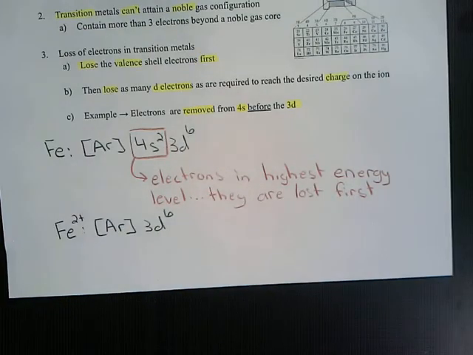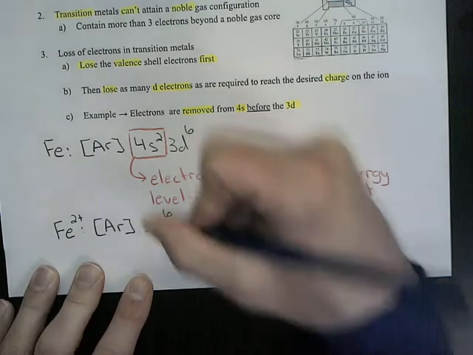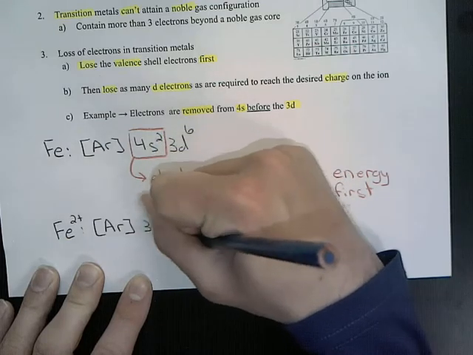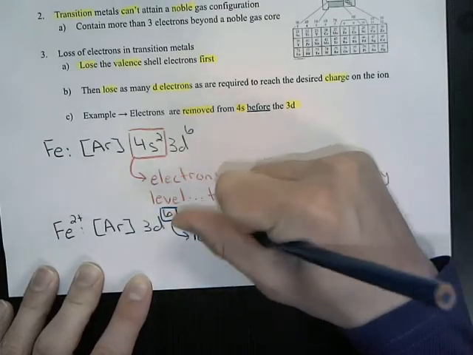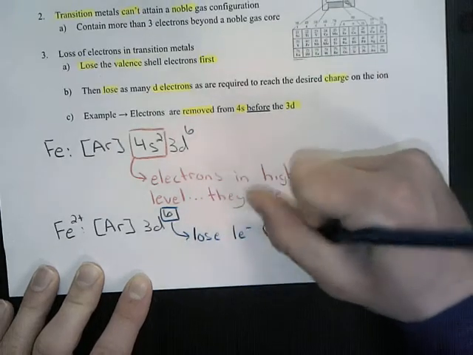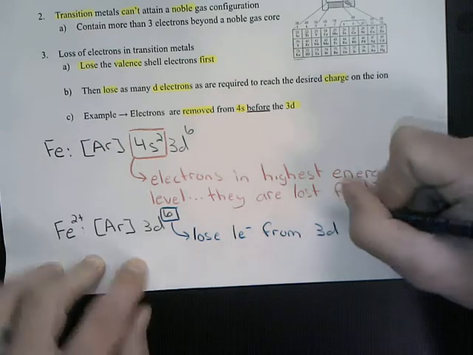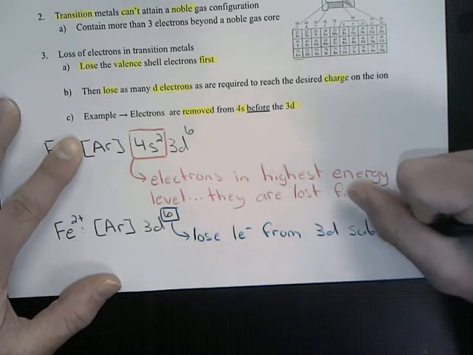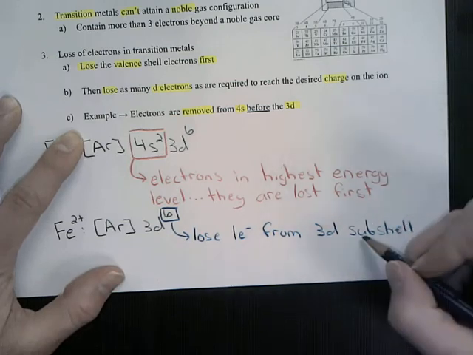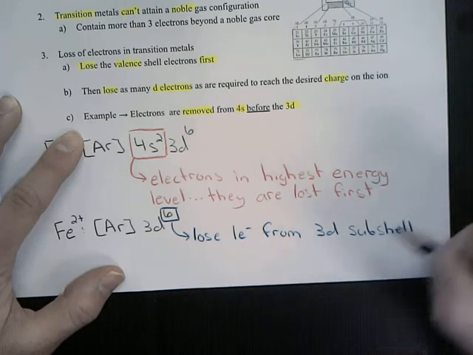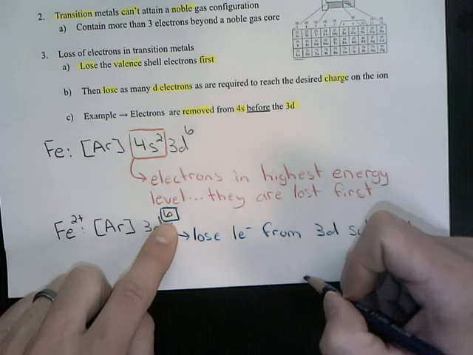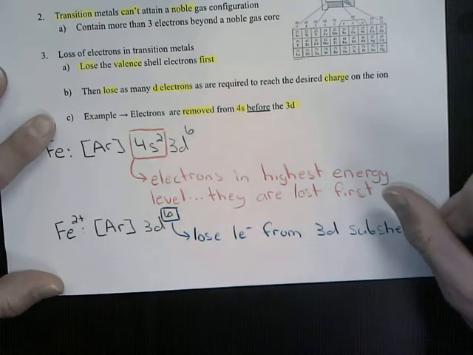Now, remember from our work on electron configuration, d electrons like to be filled or half filled. If we lose one electron from the 3d subshell, then this d set of electrons becomes half filled.